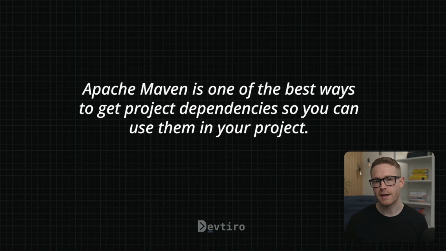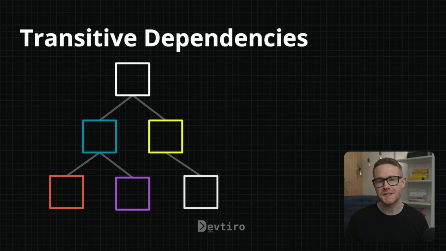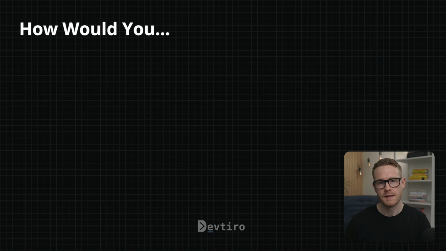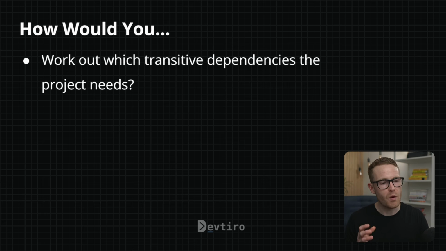Now you might be wondering, including dependencies, that sounds simple, so why not just include those dependencies manually? Well, it may sound simple until you consider this. It's not just as simple as including those dependencies, because your dependencies have dependencies, and those dependencies have dependencies. And this is something that we call transitive dependencies. So let me ask you this, how would you work out which transitive dependencies your project needs?